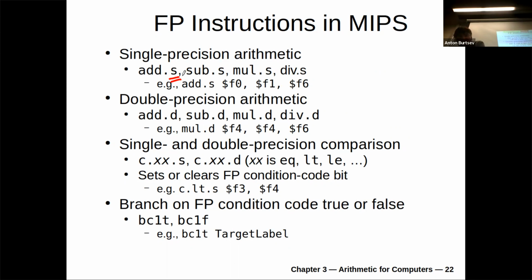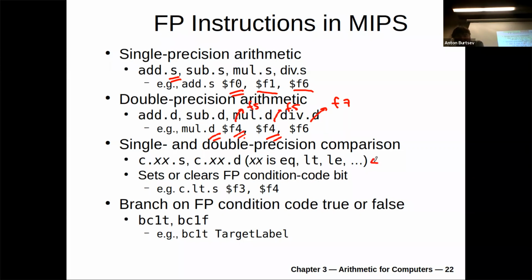So essentially add single, subtract single precision number. This is an example: add two floating point numbers, which are inside F1 and F6, and place the result inside F0. If you would like to work with double precision arithmetic, then, remember, F4 paired with F5, F6 paired with F7, and place the result into F4, which is paired with F5 again. So it's an operation on a double precision floating point value.